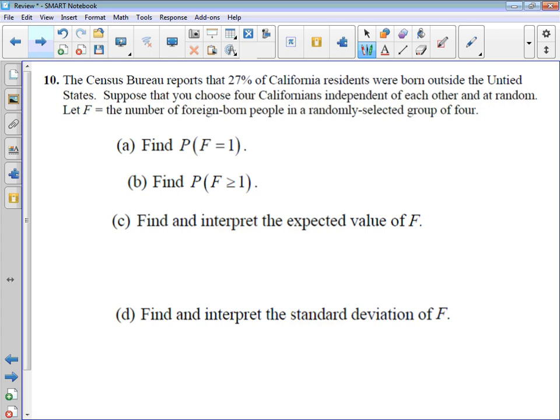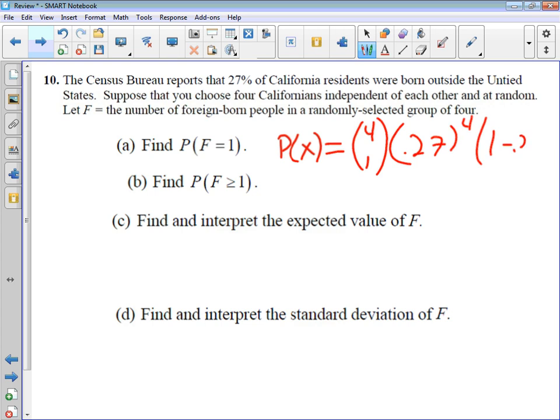So the probability that X equals 1 is 4 times 0.27 to the first times 1 minus 0.27 to the third. Or you can just put it in your calculator. You get the same answer either way. This is a free response, so I should write that out, and then I can write my answer out.